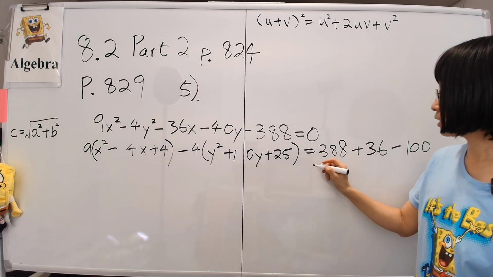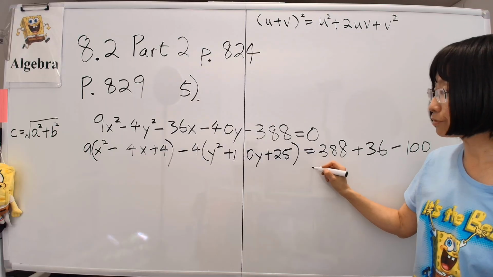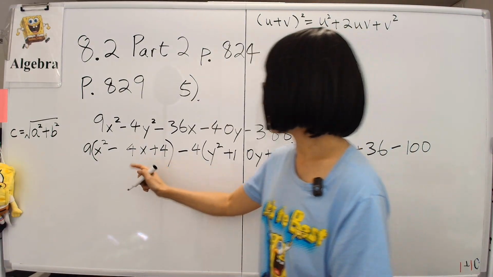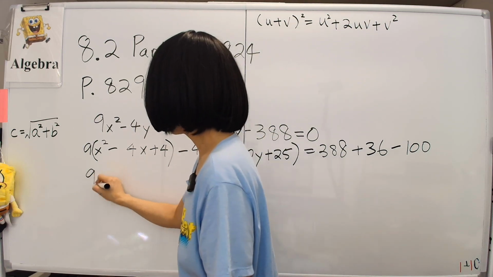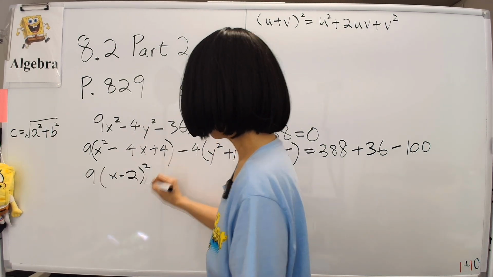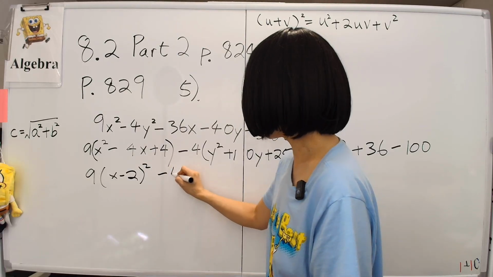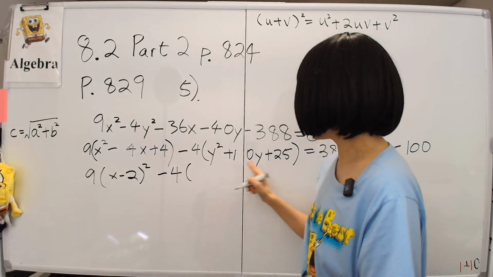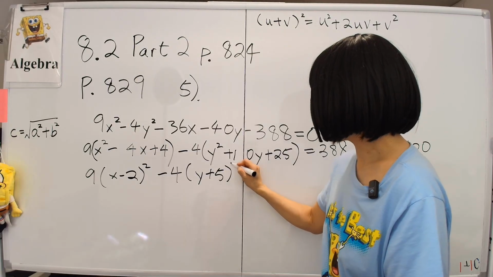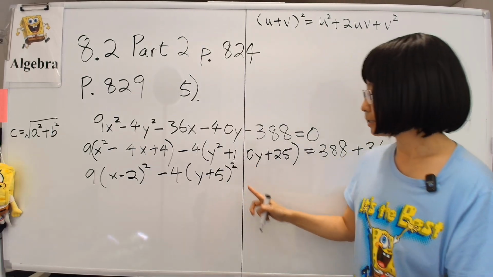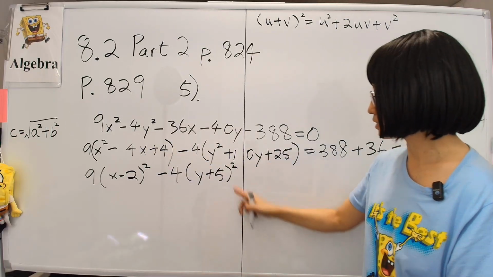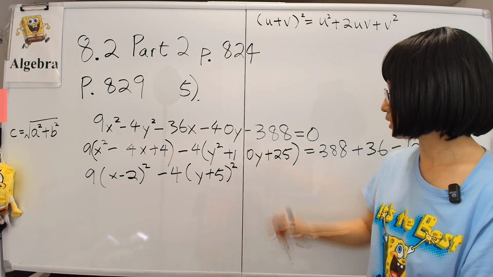And then the next thing we need to do is, this becomes 9 times (x minus 2) squared, minus 4 times (y plus 5) squared. Yeah, if you're in doubt, just multiply this out. It will become exactly that. Similar here. Multiply this out and it will be exactly that.